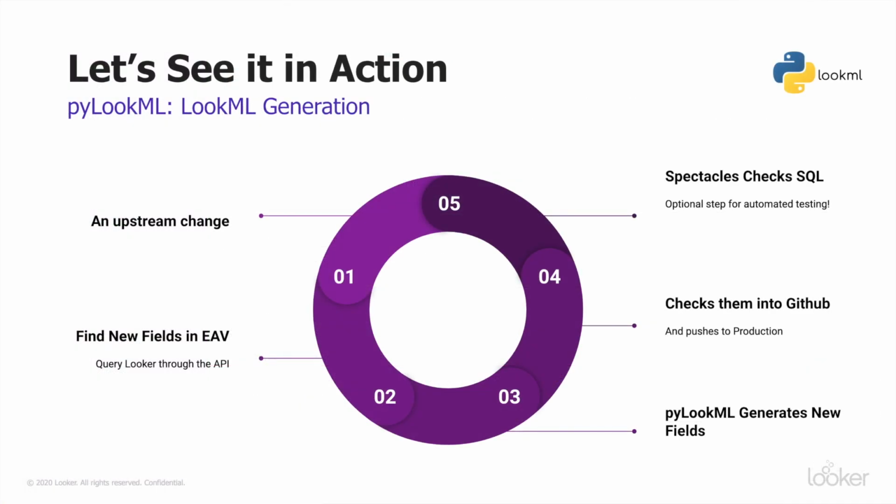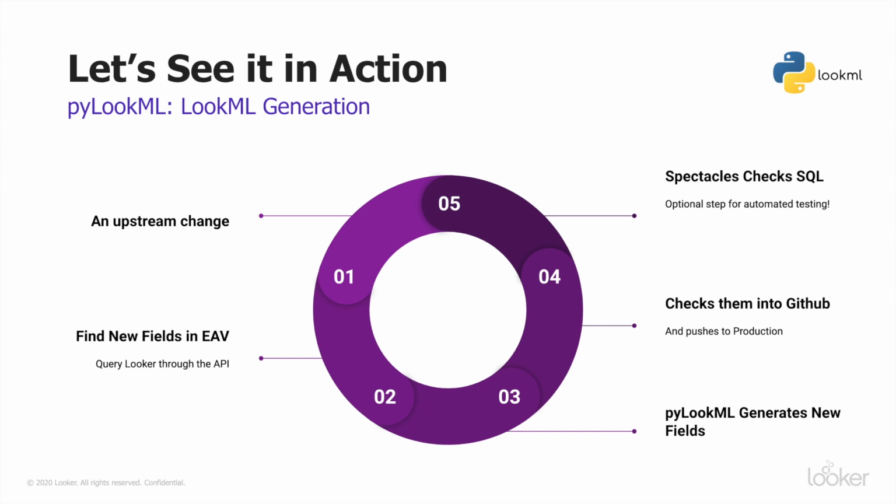So, LookML generation demo. There's a good few steps in this. In our case here, we detect an upstream change. We do that through a schedule in this case, but you could be doing it through a variety of methods, including an API call that tells you that the schema's changed. Then we run a query through the Looker API that finds new fields in the EAV schema.